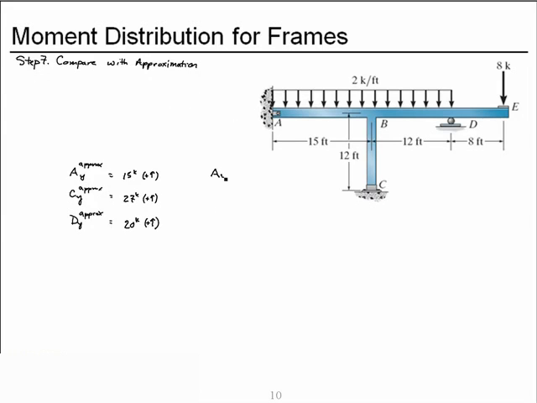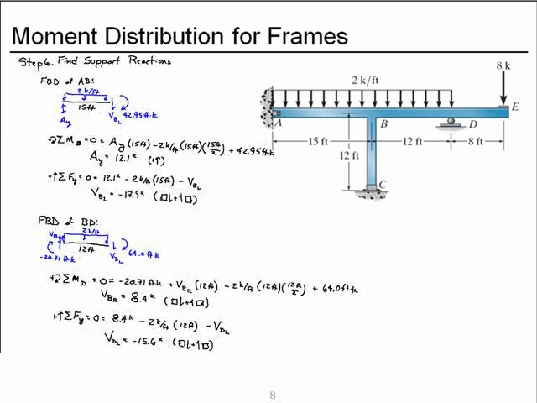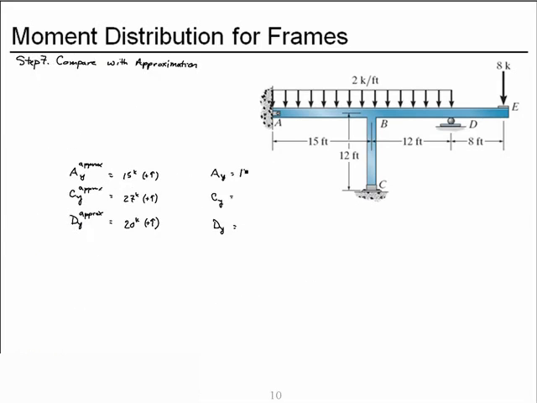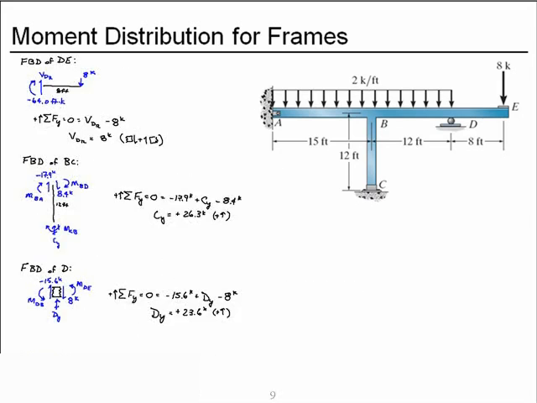And from moment distribution, we found AY to be 12.1 kips up, CY to be 26.3 kips up, and DY to be 23.6 kips up.